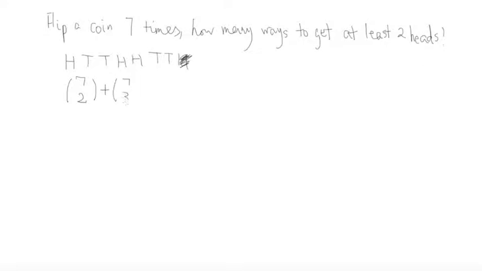That's 7 choose 3, and 4 heads, and so on. 5, 6, 7. And one could solve this problem by just adding all the numbers. But we're not going to do that. And in fact, you don't need to know how to do this so-called 7 choose 2, 7 choose 3.